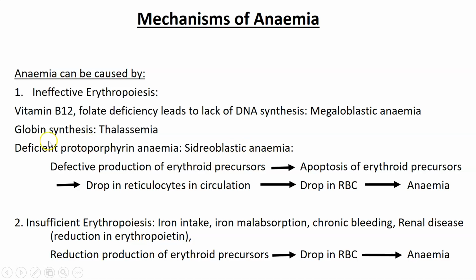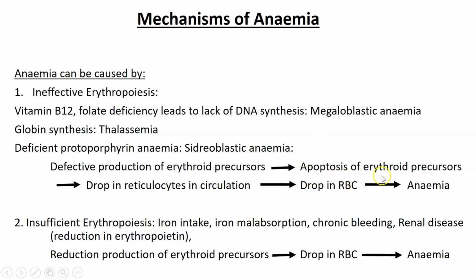So whatever the reason is, the number of erythroid precursors, the cells before reticulocytes, there's simply not enough of them being produced. And not only are there not enough being produced, but whatever is being produced is defective. If they're defective, your body will recognize that and trigger their death.